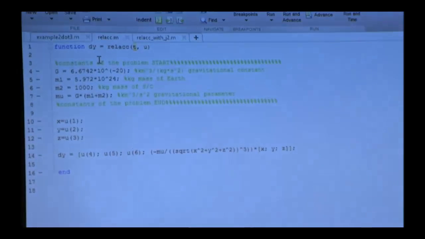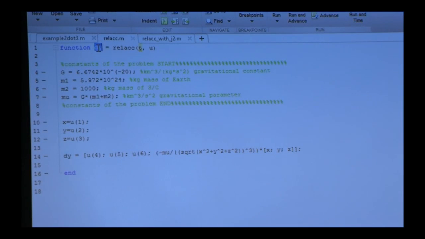So I called it dy, derivative of y. And this is the syntax that ODE45 will ask you to have. You give it a name, so you can call that John. It doesn't matter. It doesn't have to be relative acceleration. You pick that name. And then you have to have t, so that ODE45 knows that you are integrating with respect to time. And then u is the input to that function.